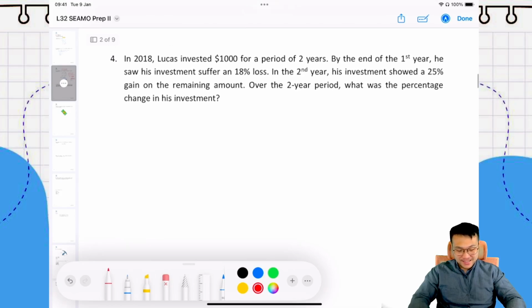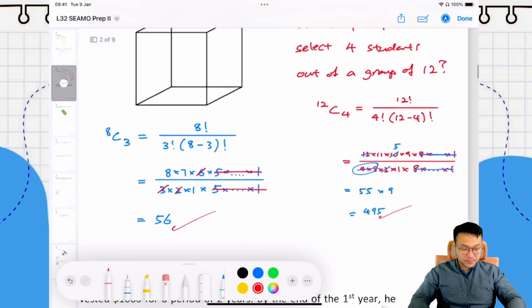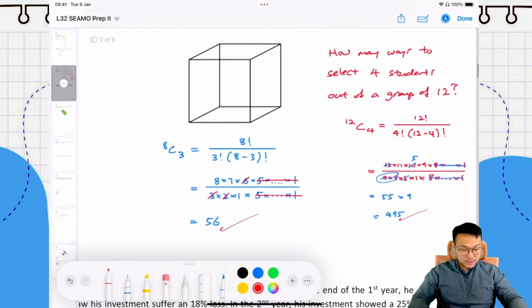Well done. So, students, this formula is used only when you are trying to select a group of people and it does not matter who you select first. Maybe I select Max, Lian, Jingming, and Jacobs. So I select 4 students, right? But does it matter whom I select first? No, it doesn't.